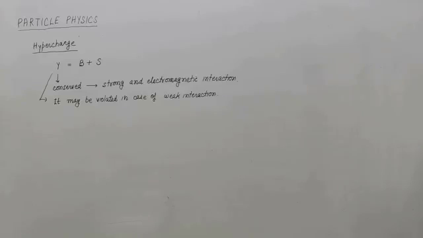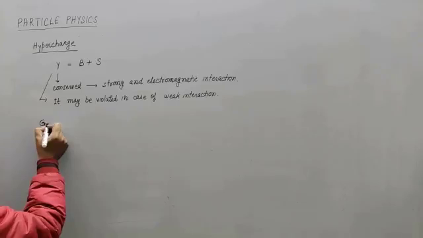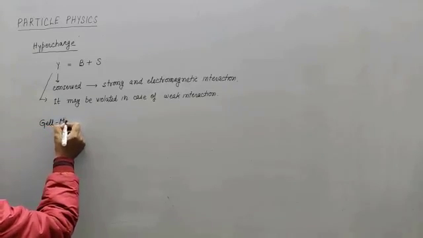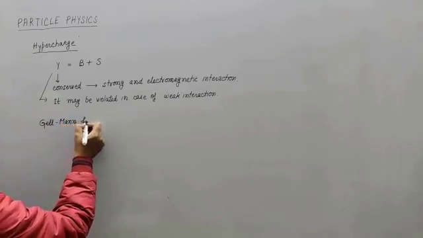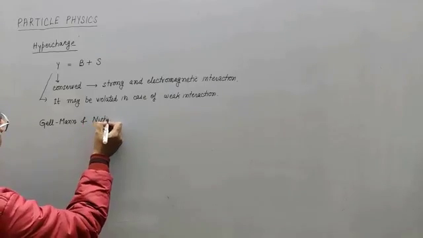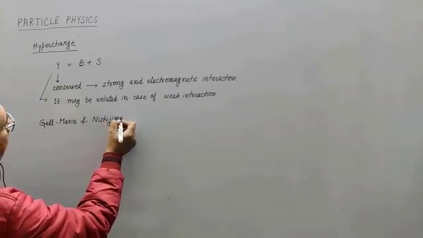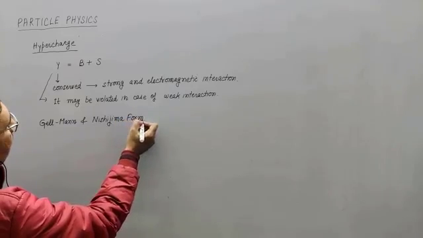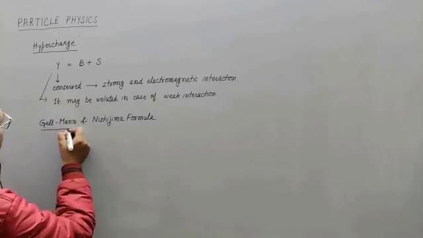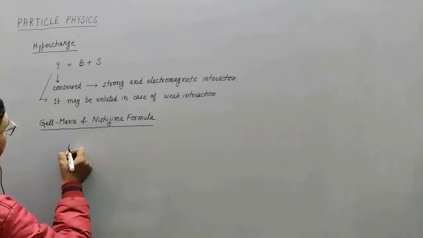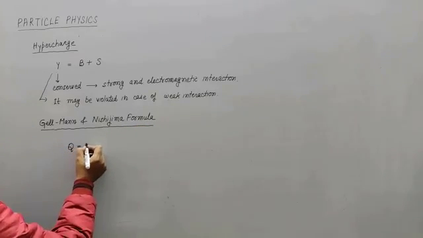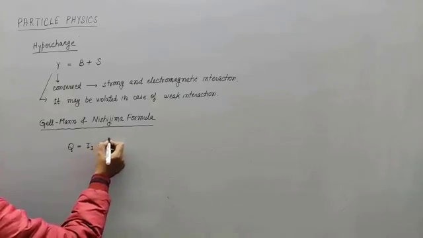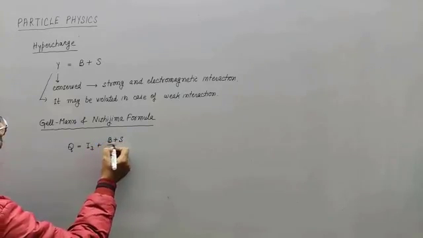Apart from this, there is one another important formula that is given by Gell-Mann and Nishijima, the Gell-Mann and Nishijima formula. Basically, they found the relationship between the total charge on a particle, and that will be equal to I3 plus (B plus S) by 2.